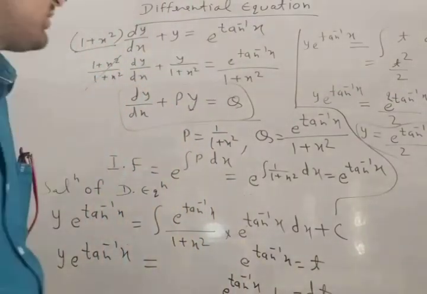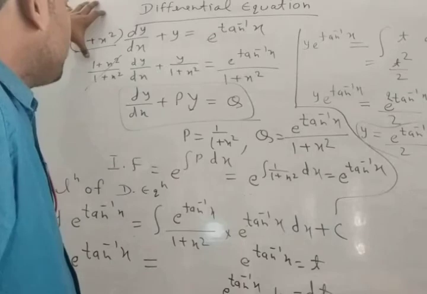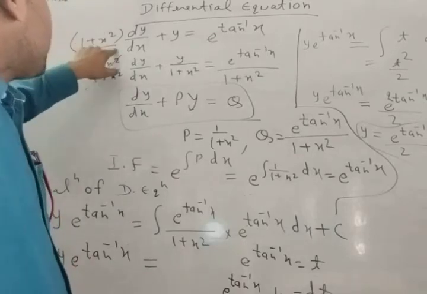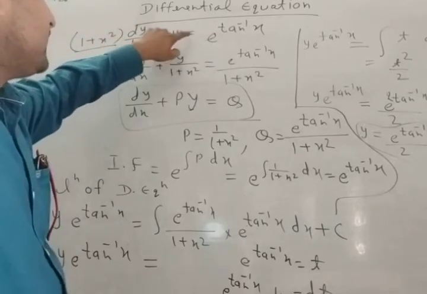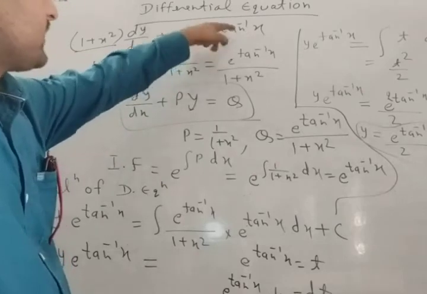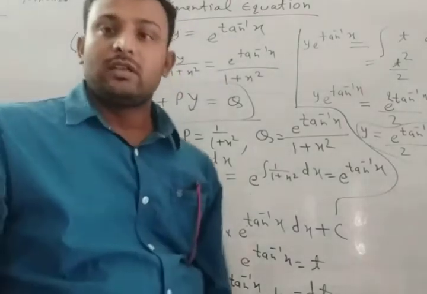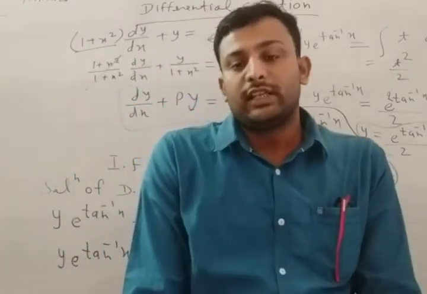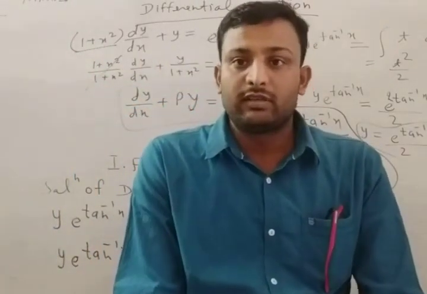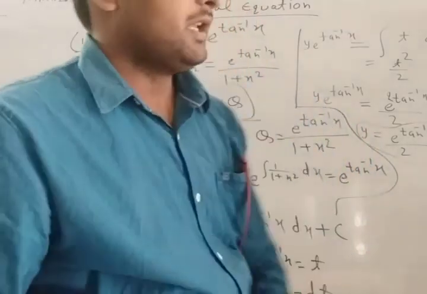So in this question, the given differential equation is 1 plus x square dy by dx plus y is equal to e to the power tan inverse x. First, we will check which type of differential equation this is.